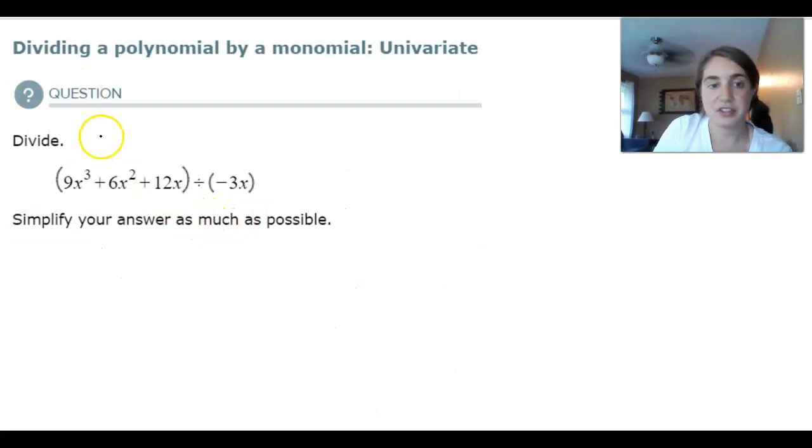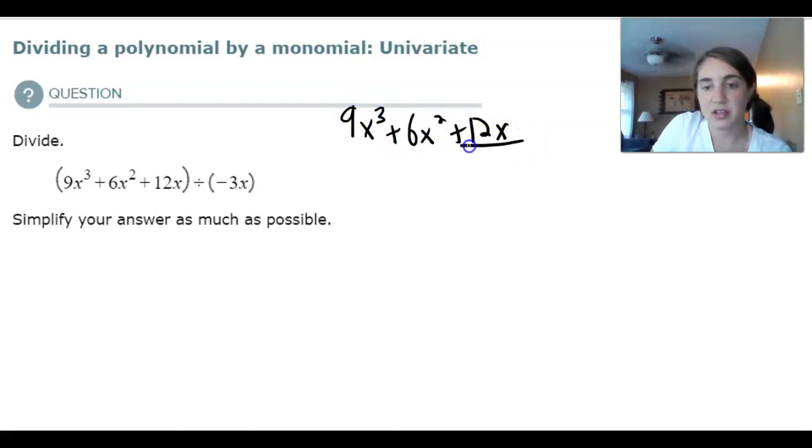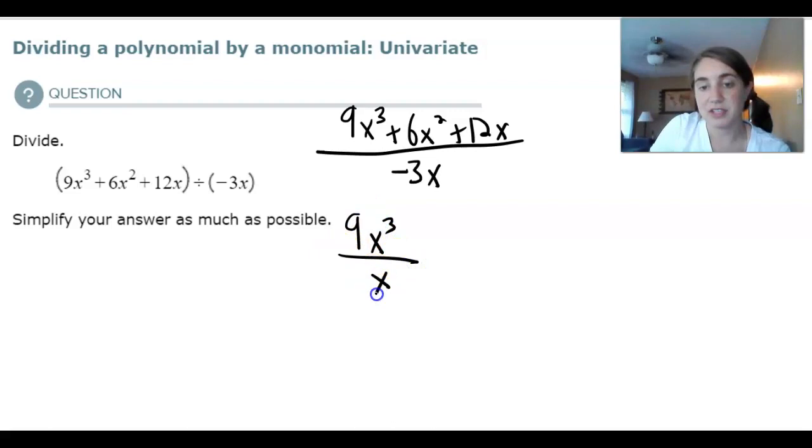Let's try this one. I have 9x to the third, and it's asking me to divide by negative 3x. I'm going to do each of these as separate terms.